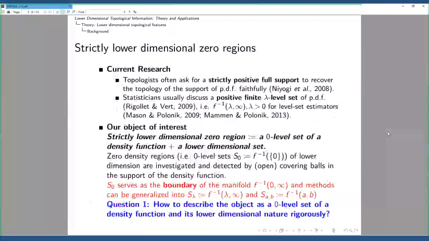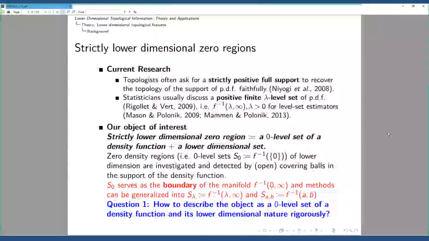Before I introduce our object of interest, I want to briefly review the current research in this direction: the topology of the support of the probability density function, or more generally, the topology of the probability density function. Topologists will often ask for strictly positive full support in order to recover the topology of the support.